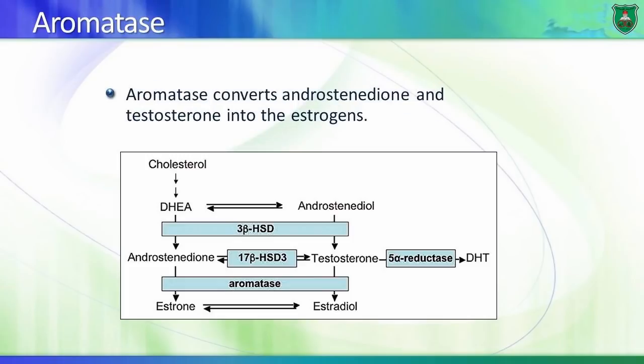And finally, the aromatase enzyme converts the androgens into the estradiols. And this aromatase is actually a target of breast cancer therapy, mainly in postmenopausal women, because most of their estrogens don't come from the ovaries, rather they come from the adrenal gland by converting testosterone to estradiol by the aromatase enzyme.